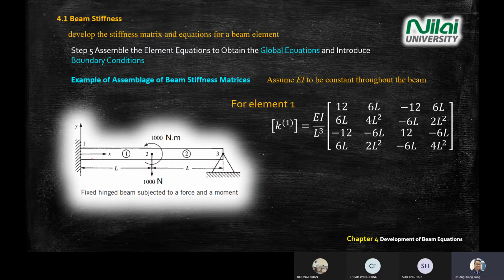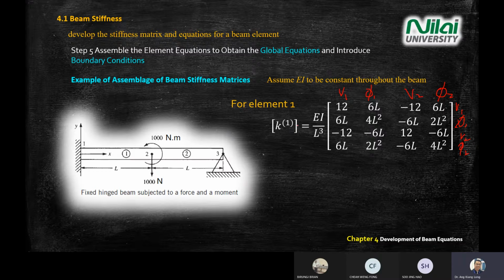For example, for element 1 it is point 1 and point 2. So you write V1, angle 1, V2, angle 2. Then by the side, you also use pencil to write V1, rotation 1, V2, rotation 2. Make this your standard practice.